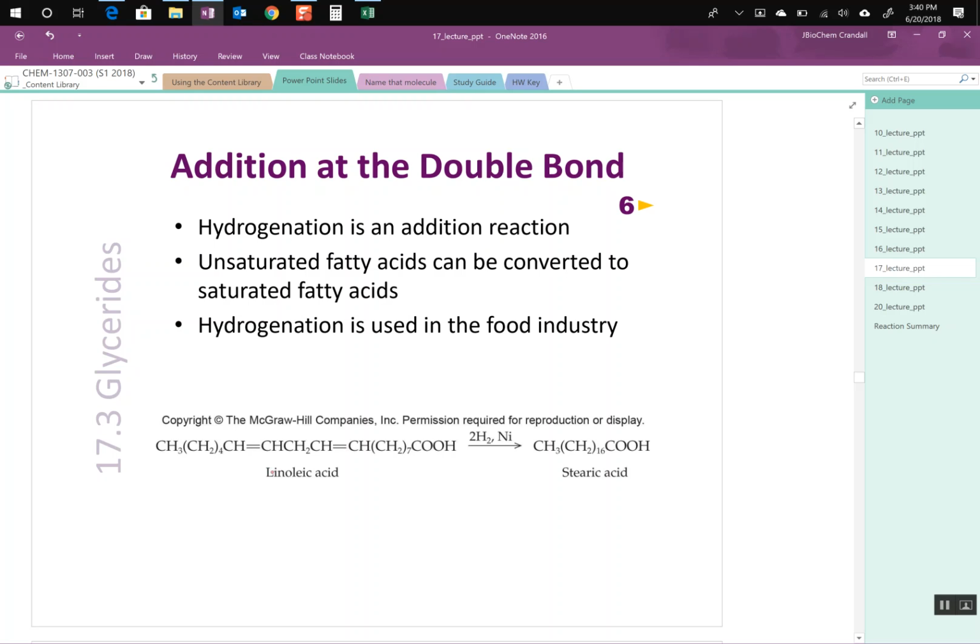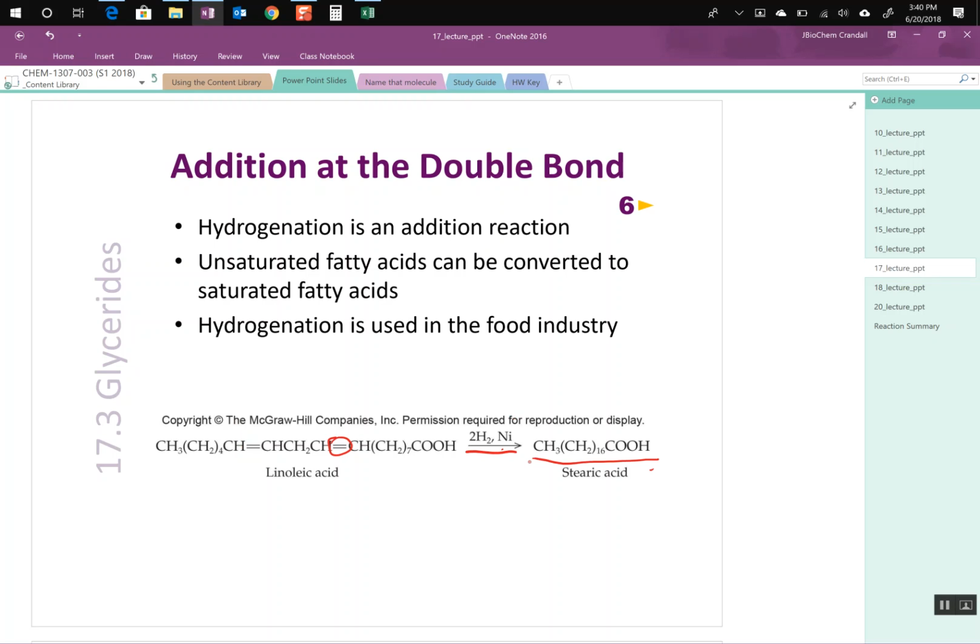For example, here, if we have linoleic acid, which has these two double bonds within it, and using hydrogen and the catalyst nickel, we can cause these double bonds to break, and then we'll be able to add hydrogens at each carbon there, the addition reaction, and then we'll change it from linoleic acid to stearic acid.